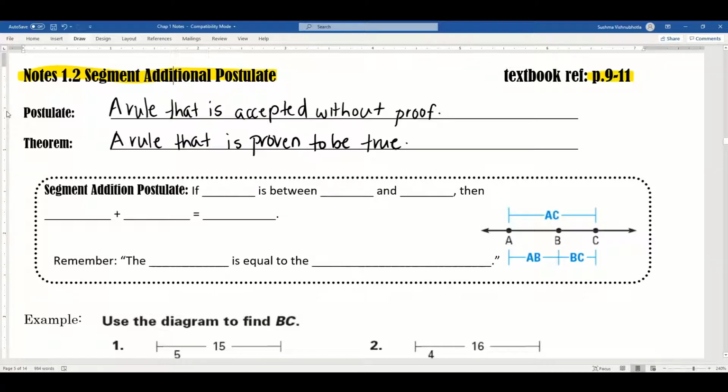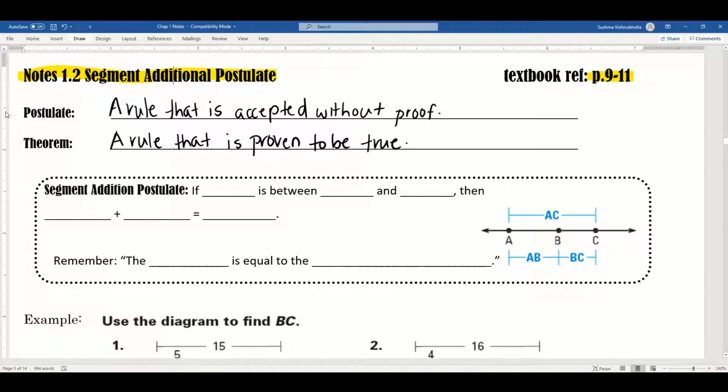Like one popular theorem that we'll talk about over and over again is the fact that the sum of all the angles in a triangle always adds up to 180. So that is a theorem. There's a proof for it. In the next lesson, we're going to see the proofs for midpoint and distance theorems. So those are all rules that were proved to be true. Okay, but for today, we're going to stick to postulates.